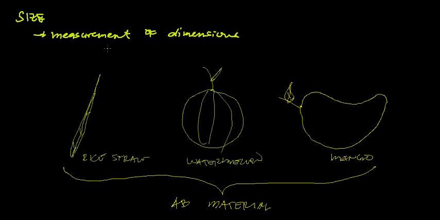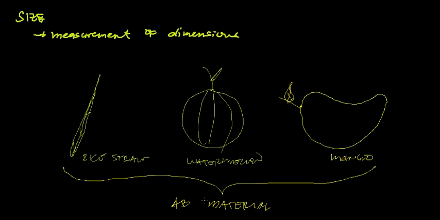How about the watermelon and the mango? If we analyze this regarding size, for some of it we can easily specify the size of that particular AB material.